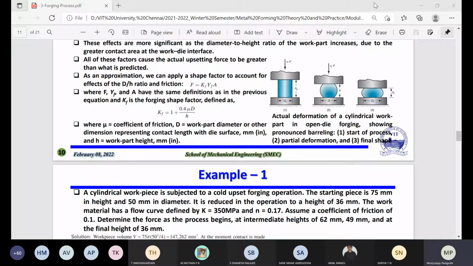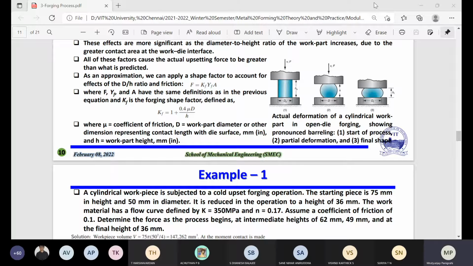Next, what is the next step? We have to change the height. No, because you need the F in the beginning. Why will you change the height?